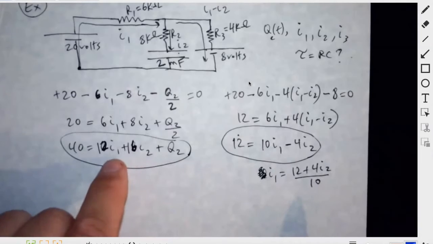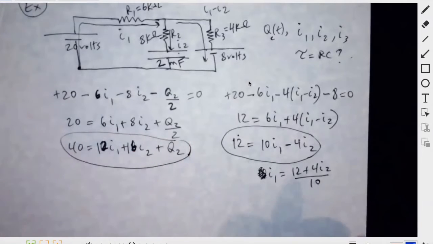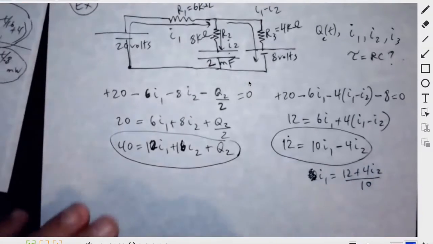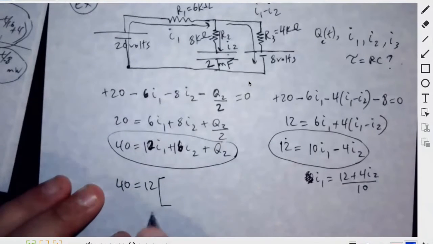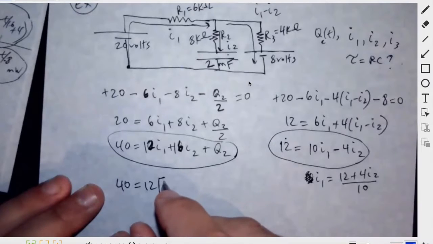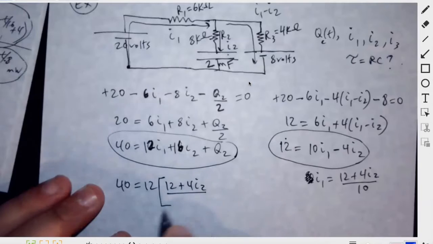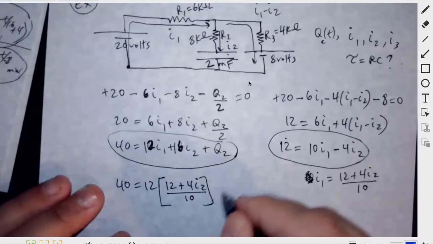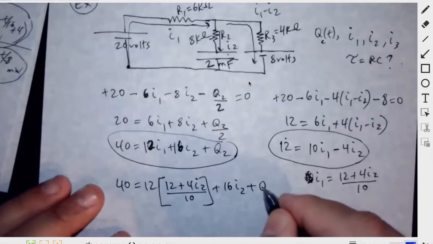And then substitute that into the I1 here. So you see 12 plus 16. So then you're just going to have 12 plus 4I2 over 10 plus 16I2 plus Q2.